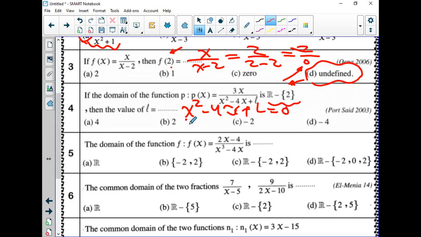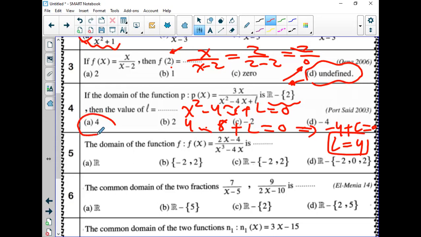Then 4 minus 4 times 2, 4 times 2 equals 8, plus L equals 0. Then 4 minus 8 equals negative 4, so negative 4 plus L equals 0. Then L equals positive 4. So we choose letter A.